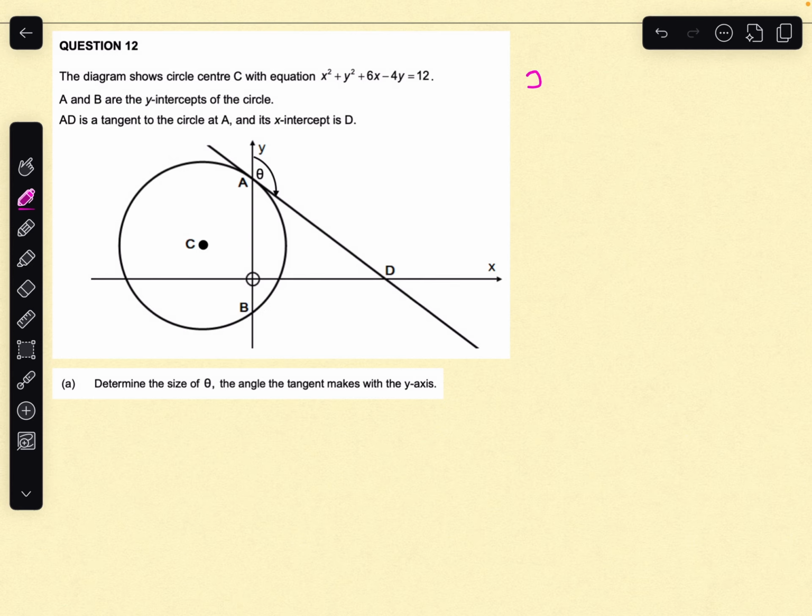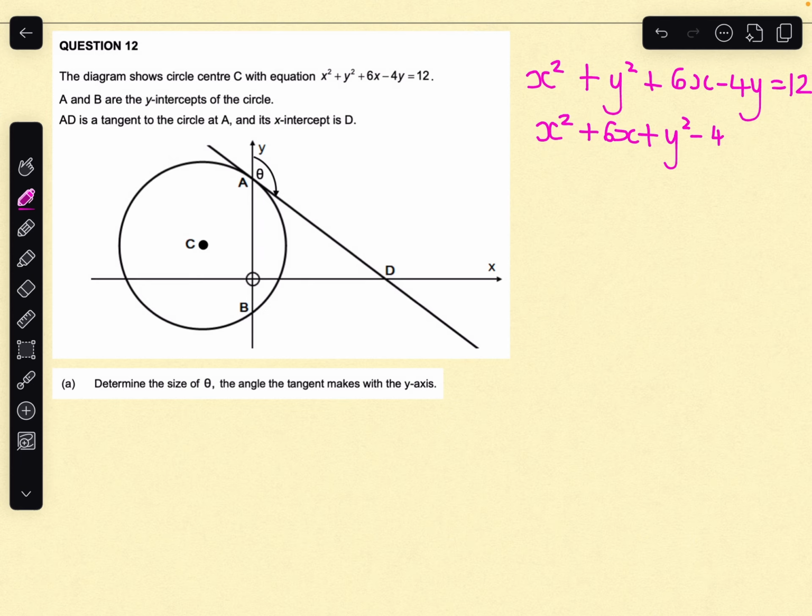So we have the equation x squared plus y squared plus 6x minus 4y is equal to 12. We're going to start by rearranging: x squared plus 6x plus y squared minus 4y is equal to 12.